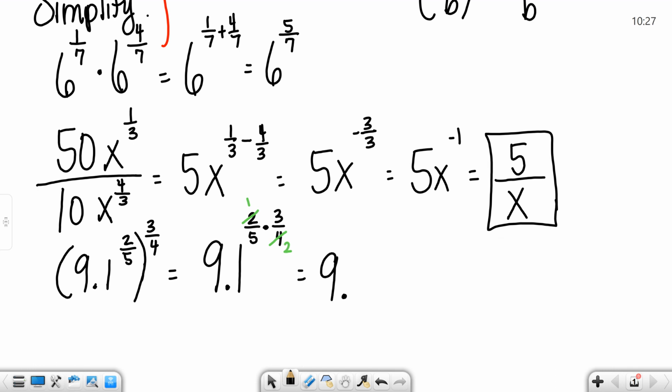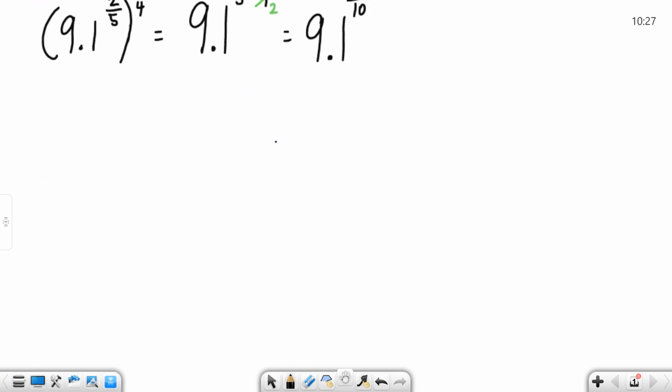So I have 9.1, and now my new exponent is 3/10. So this would be my answer: 9.1 to the 3/10.